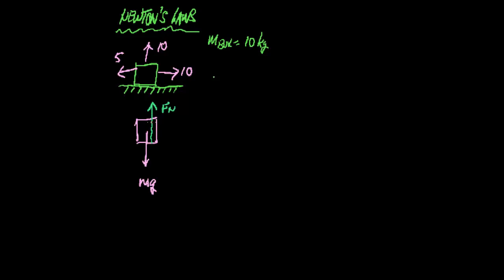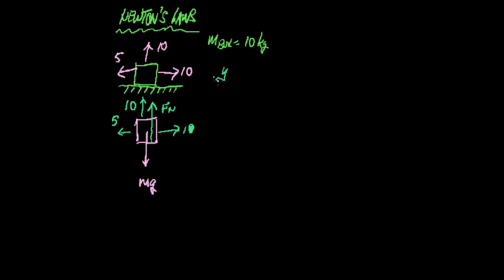To the right we have a 10, to the left a 5, and we also have a 10 up. Basically what we did is create a free body diagram by freeing the body up from what's touching it, and replaced it with a normal force and put gravity in there.